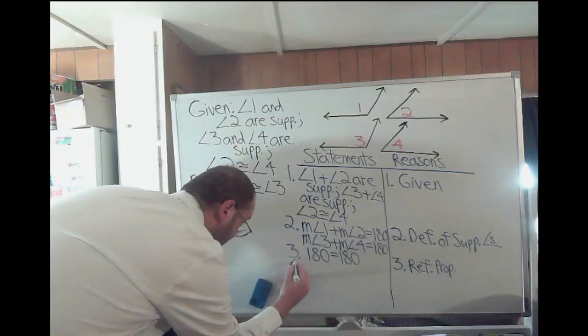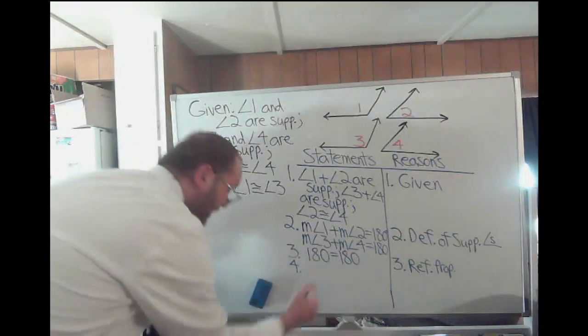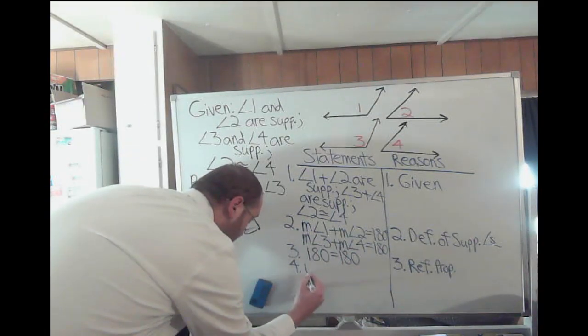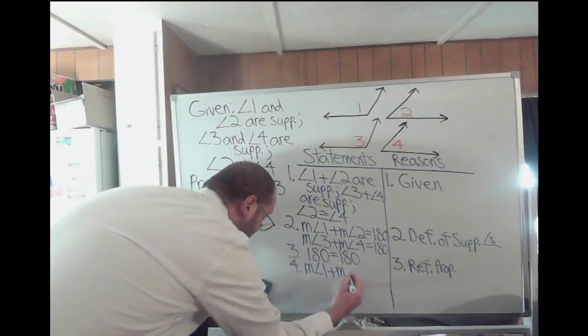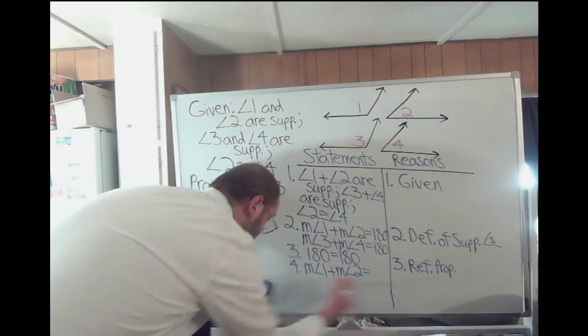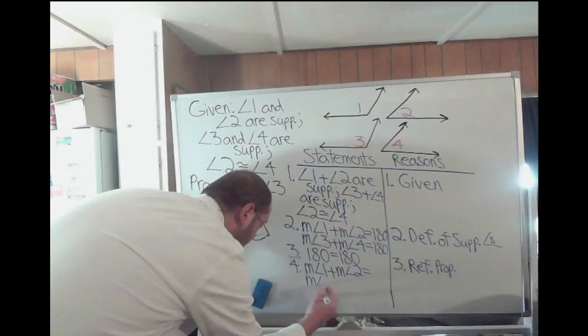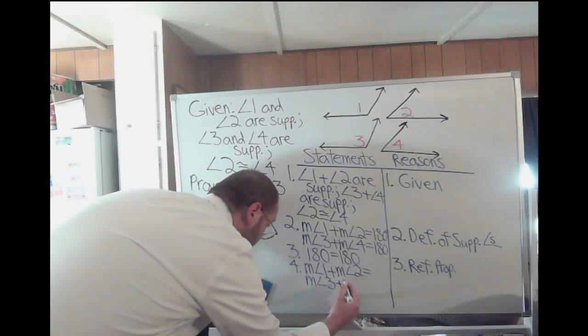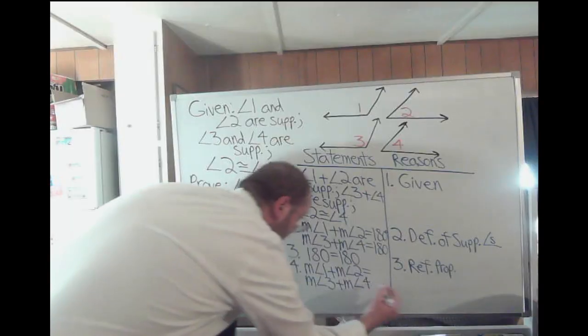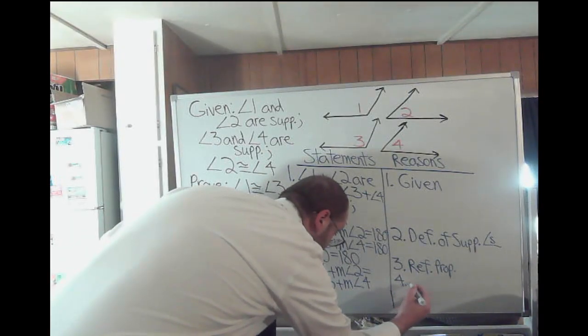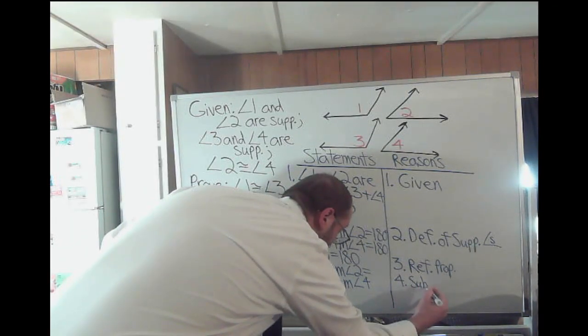Next statement then, we can substitute each 180 for the left side of the equation. That means the measure of angle 1 plus the measure of angle 2 equals the measure of angle 3 plus the measure of angle 4. That would be by the substitution property.